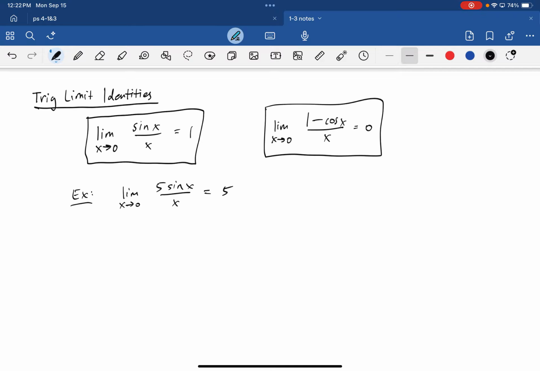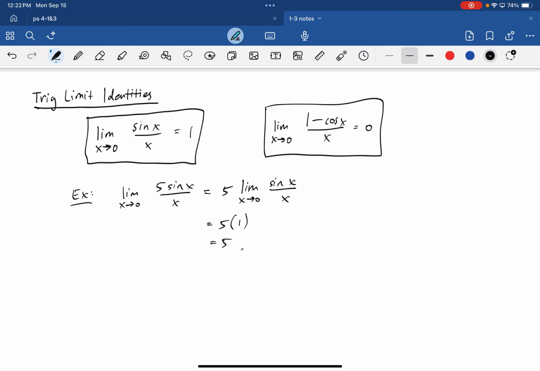This is something that's allowed. You're allowed to just take factors out of a limit as long as they're not equal to 0. And then this is something that we've memorized as equal to 1. So this is just 5 times 1 equals 5. Okay. Any questions about this?